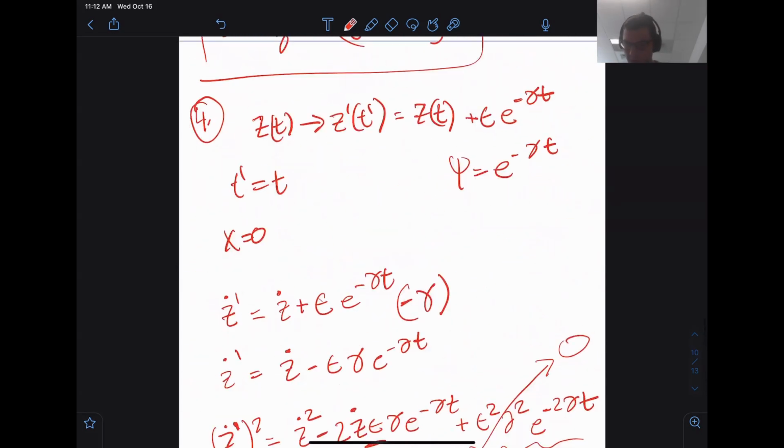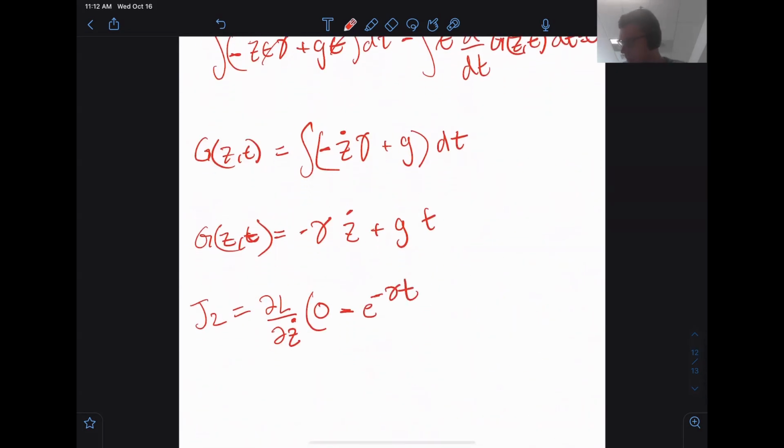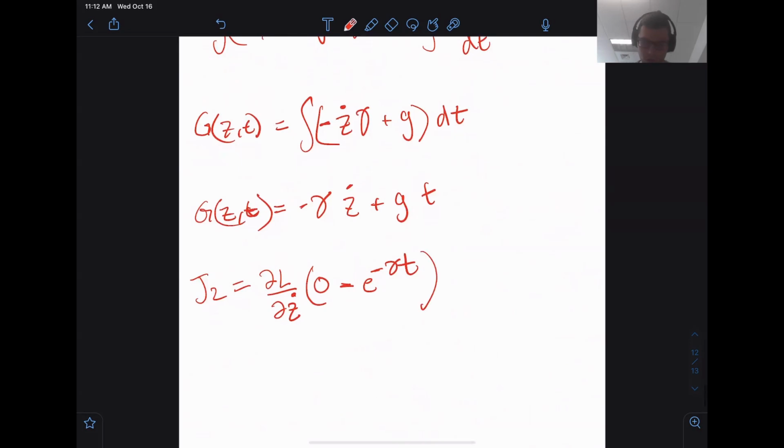Phi is e to the negative gamma t plus rg.